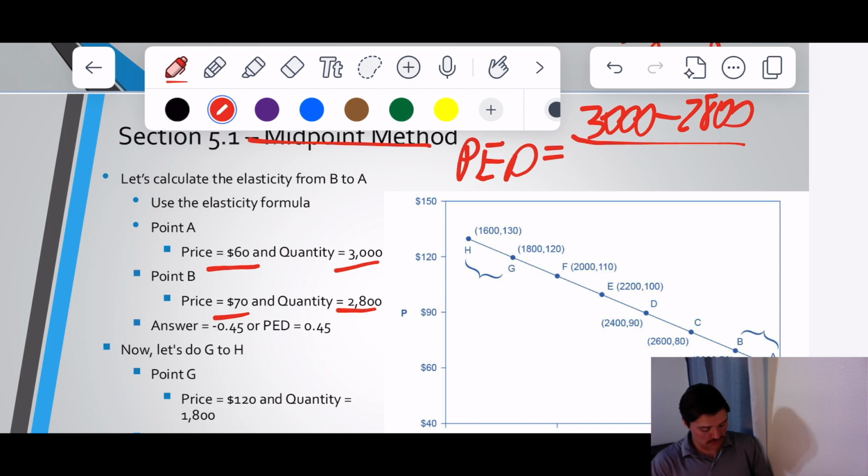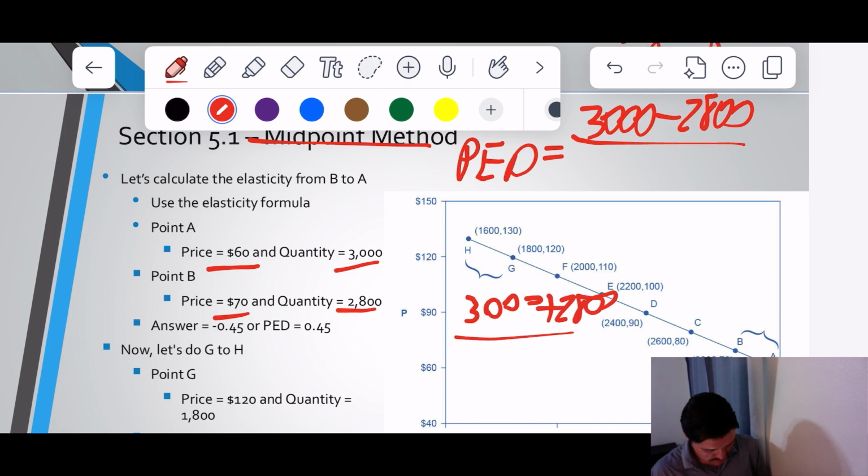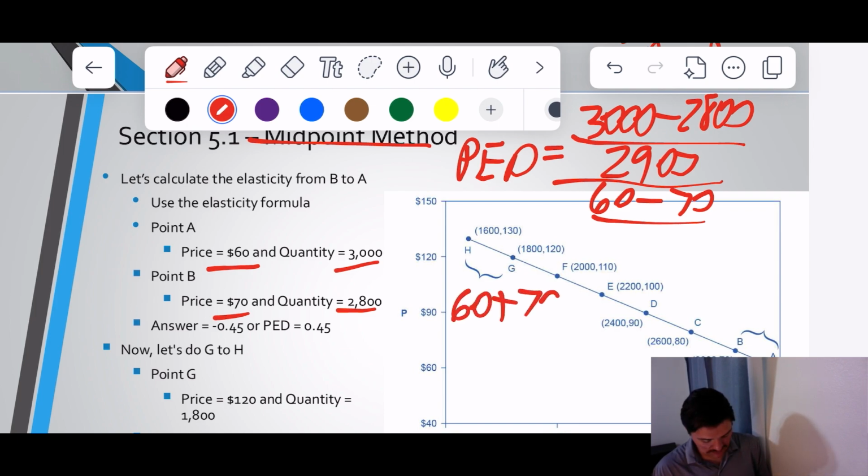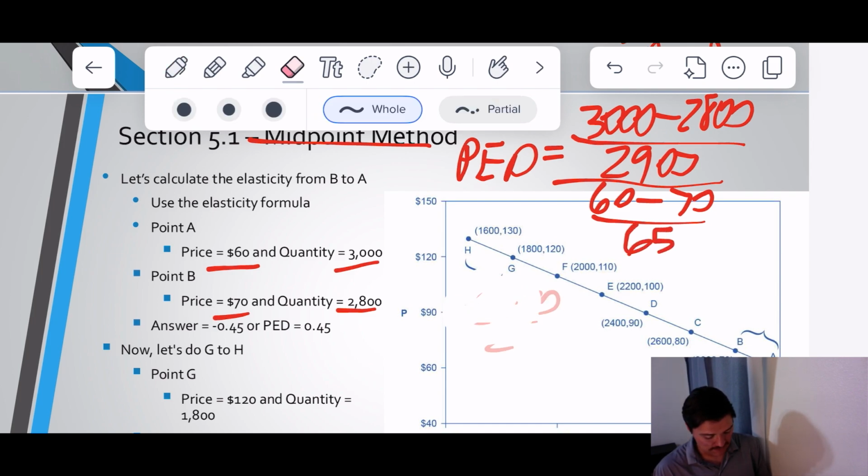For the average, we will add these two together and then divide it by 2. If you did this in your calculator, you should have gotten 2900. From there, we will divide by the change in price. So that'll be 60 minus 70 divided by the average price, which is 60 plus 70 divided by 2. And if you did that in your calculator, you should have gotten 65.